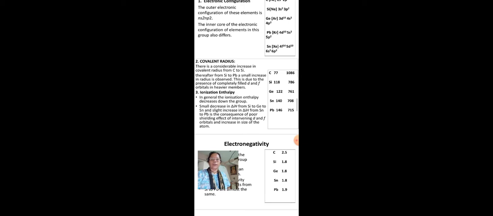Ionization enthalpy. In general, the ionization enthalpy decreases down the group. The small decrease in ionization enthalpy from silicon to germanium to tin and the slight increase from tin to lead is the consequence of the poor shielding effect of intervening d and f orbitals and the increase in size of the atom.